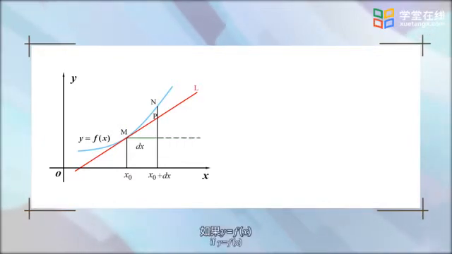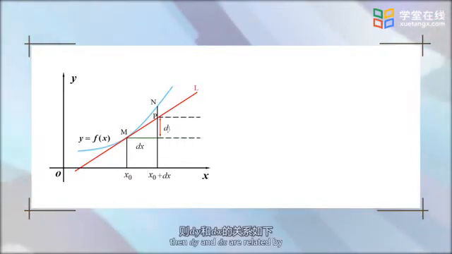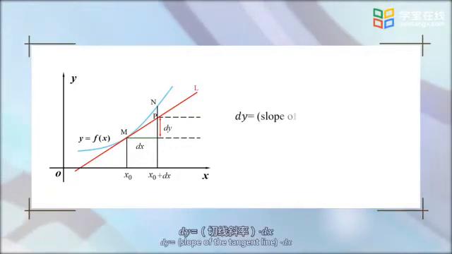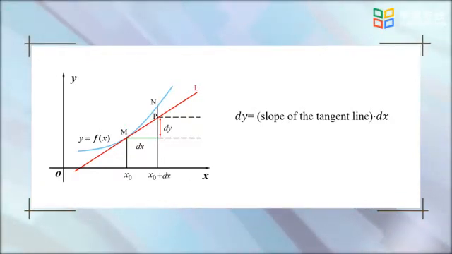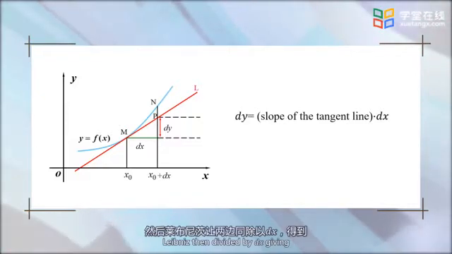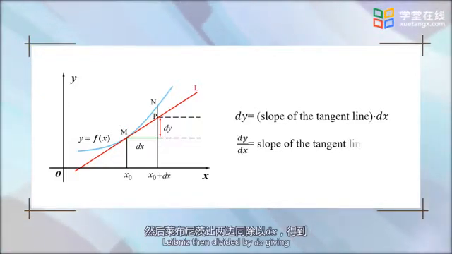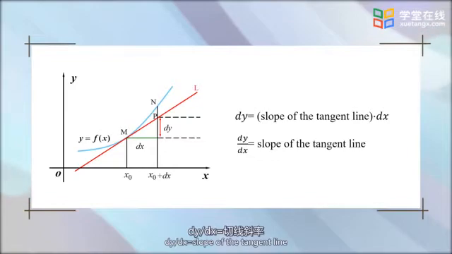That is, if y is f of x, then dy and dx are related by dy equals slope of the tangent line times dx. Leibniz then divided by dx, giving this: dy over dx equals slope of the tangent line.